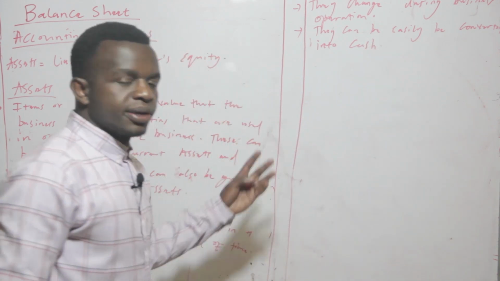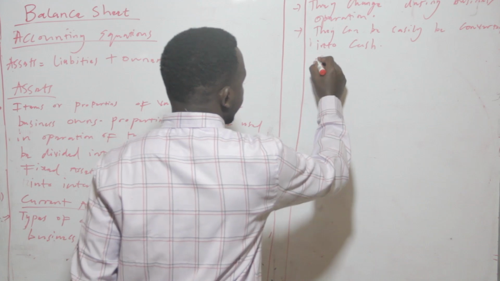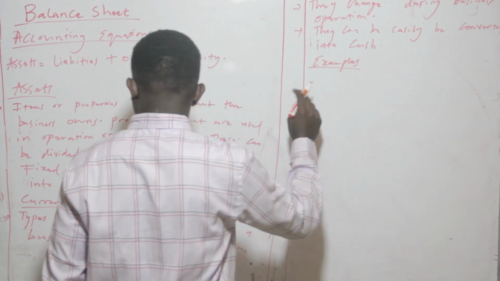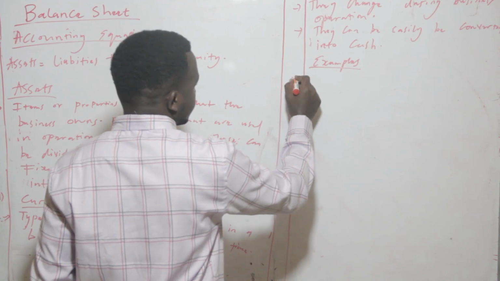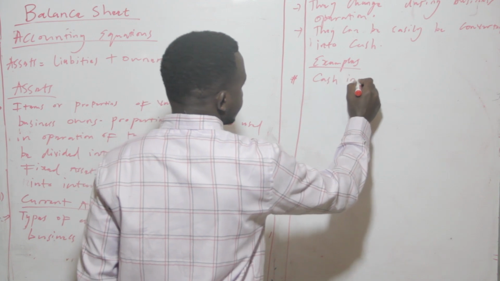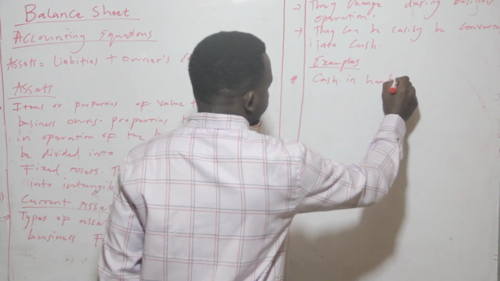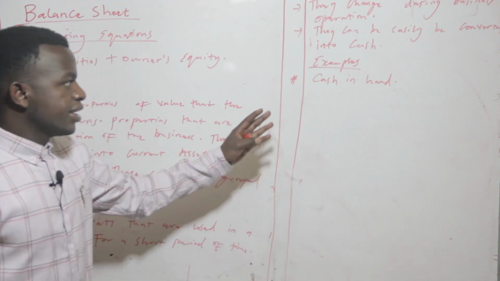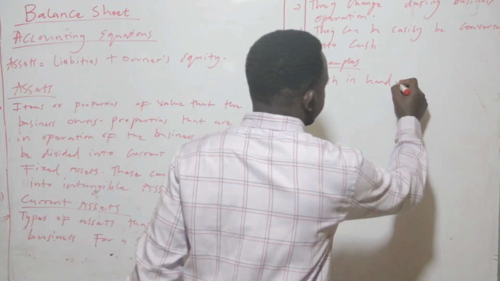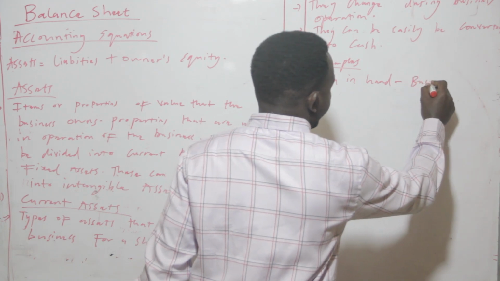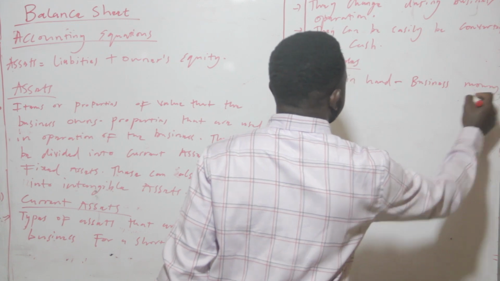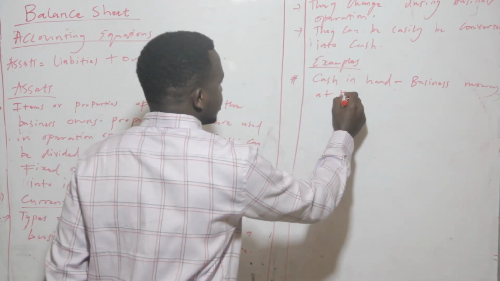And let us look at some of the examples. The first example there, we have cash in hand. So cash in hand means the business money at the business premises.